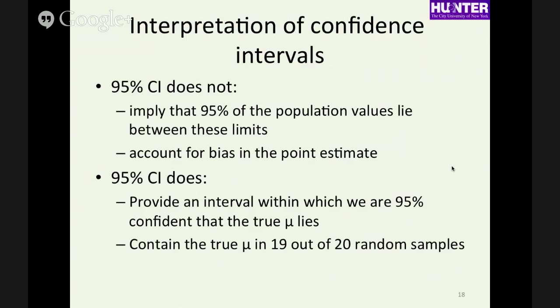It also does not account for bias in the point estimate. It accounts for sampling variability, for the amount that the average will vary from sample to sample. But if it's somehow biased because your professor has a young face, it doesn't account for that.